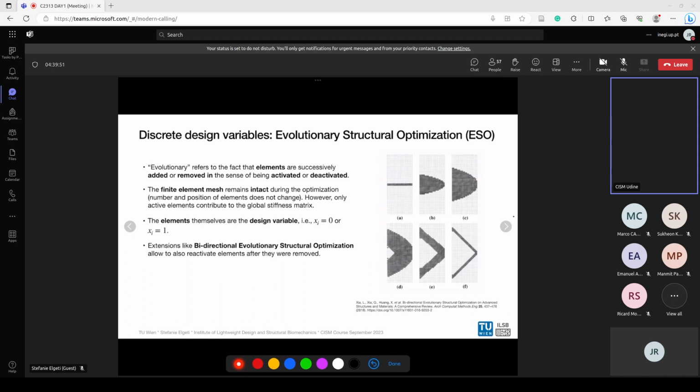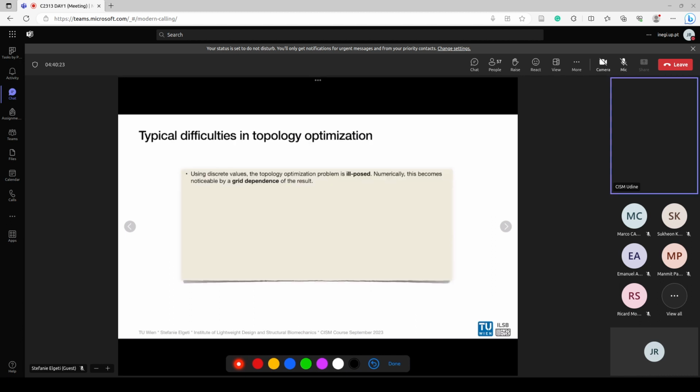And this is what is happening then in bidirectional evolutionary structural optimization, which allows to also reactivate elements. An example is shown here. So first, we actually have many steps of element activation here. And then at later stages, elements are also removed again. So from something that originally looked just like a line, you can get to this V shape. So this is the idea.